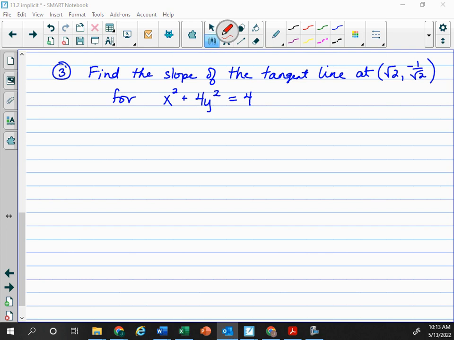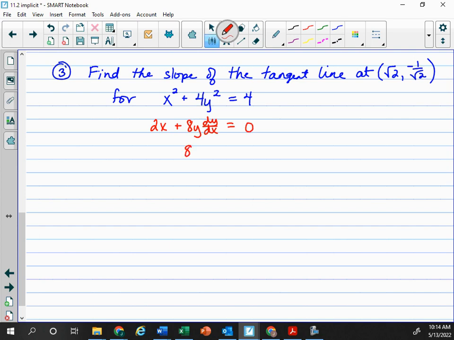All right, let's go through it and see how your dy/dx went. If I'm finding the derivative here, I would do 2x plus 8y dy/dx. And what's it going to equal on the other side? 0, yeah, the derivative of 4 is 0.